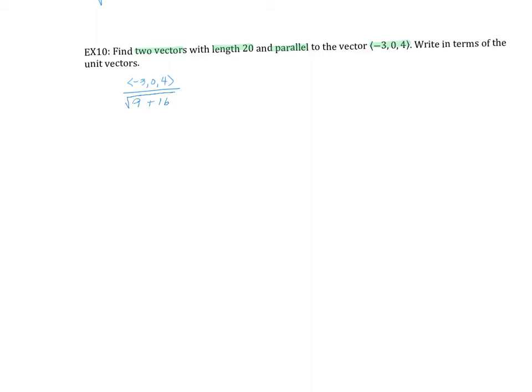If this is a unit vector, all I have to do is multiply it by 20 to get a vector of length 20. But if I take the positive and the negative, then I have two vectors of length 20 that are parallel to the vector ⟨-3, 0, 4⟩. So the key is to take your vector and write it as a unit vector.